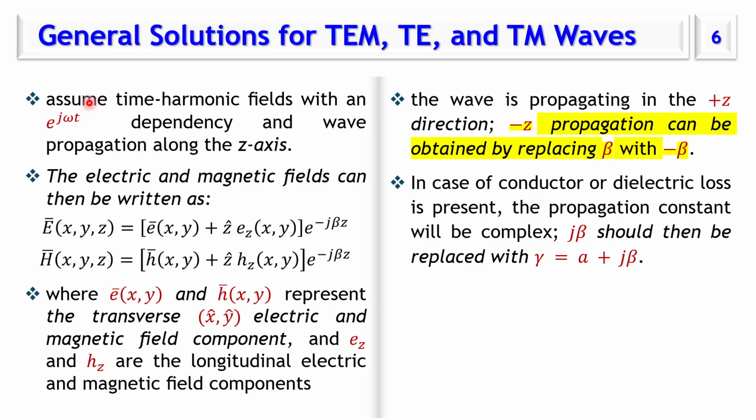This will be an implicit term that we don't write, but we know it exists. So the spatial expression of the electric field and magnetic field will be written in this way.